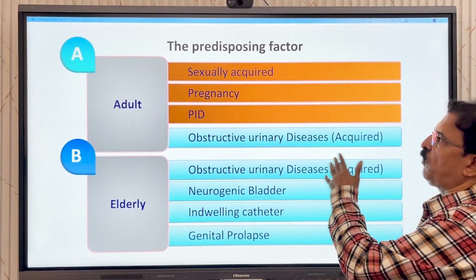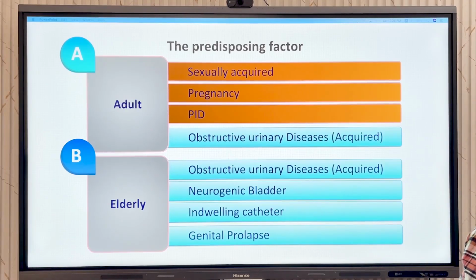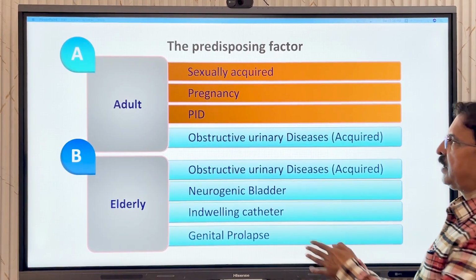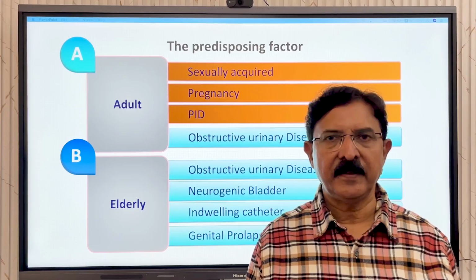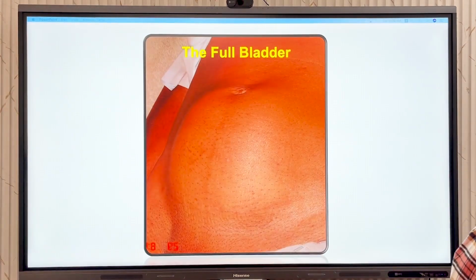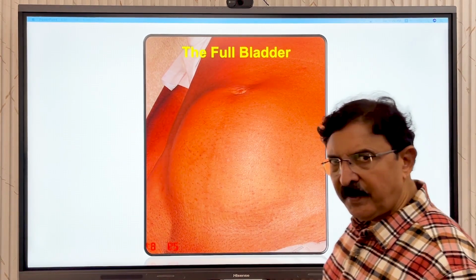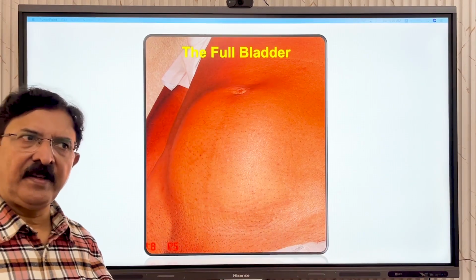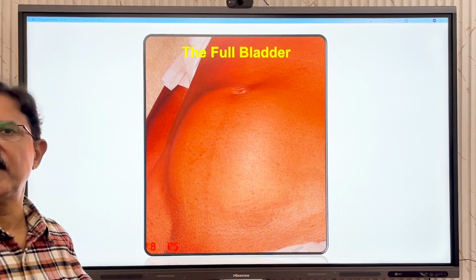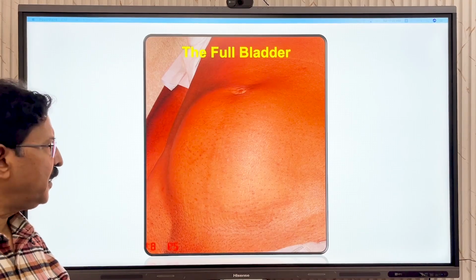And sexually acquired you cannot detect, of course, by examination. But rest all you will pick by examination only. So if you examine the lower abdomen of the patient, you may sometimes discover a full bladder, and this patient is having chronic urinary retention, because of which she is having persistent urinary infection.